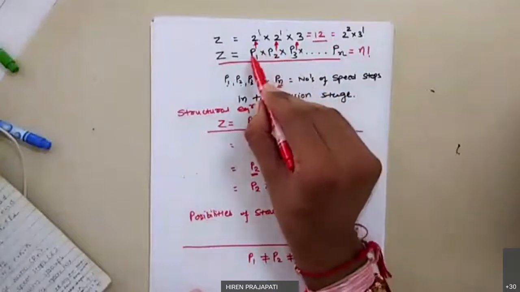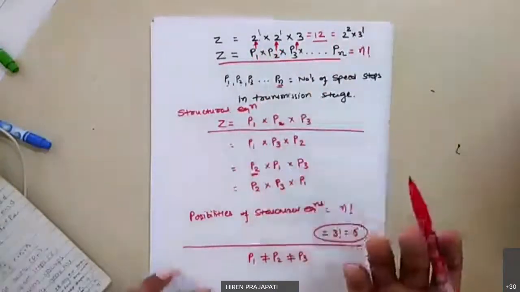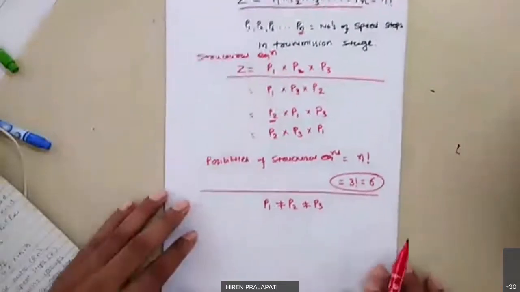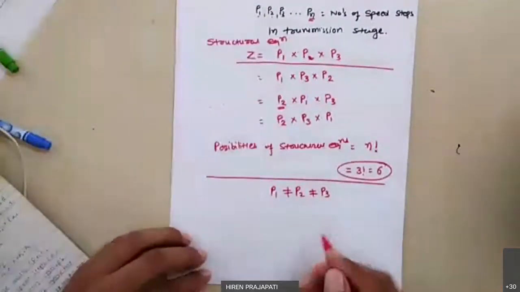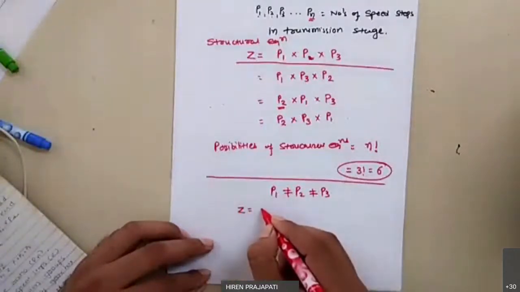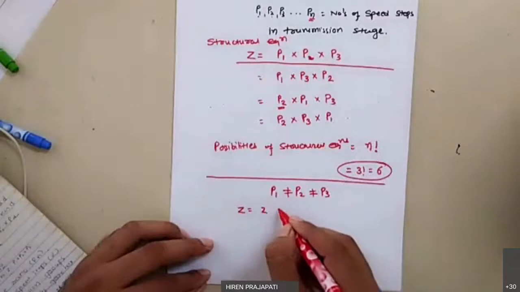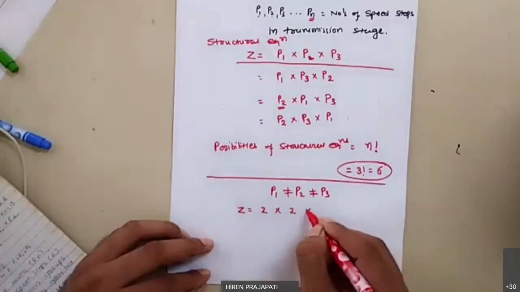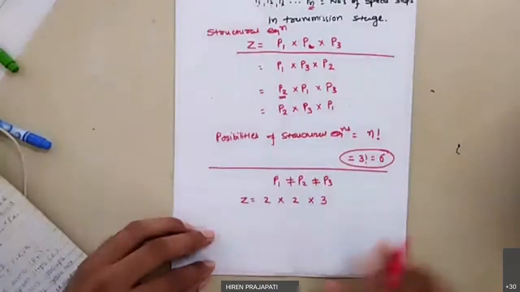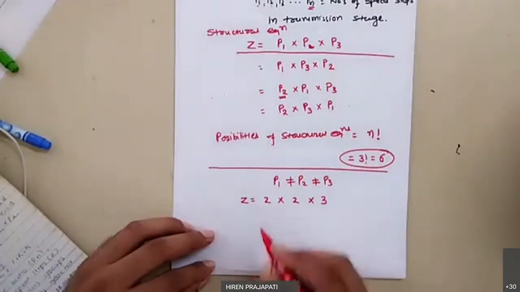So by switching the position of P1 and P2, you don't get any change actually, right? So suppose if I show here, if you call Z equals 2, 2, 3, right? So this is one possibility.